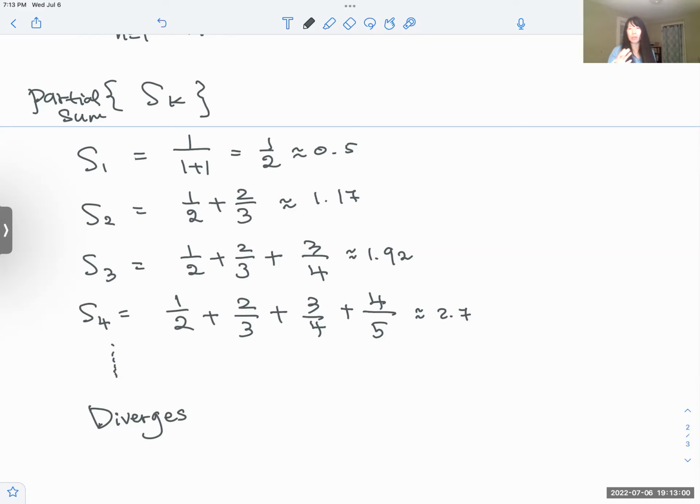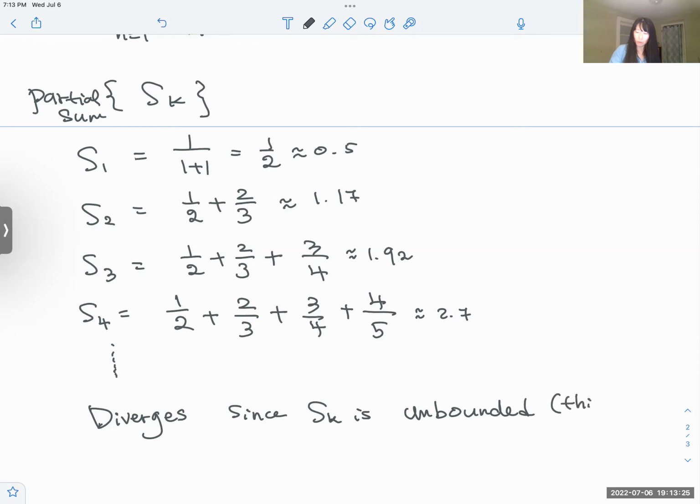So we call this unbounded. Unbounded means there is no bound, like 1 is a bound and the sum approaches 1. It's not, so it means it keeps going, right?